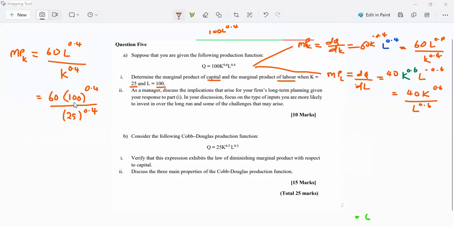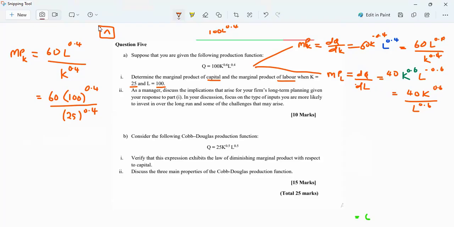Sorry, start with 100 to the power 0.4. This is the power. It looks like this on the calculator. We are using our smartphones.